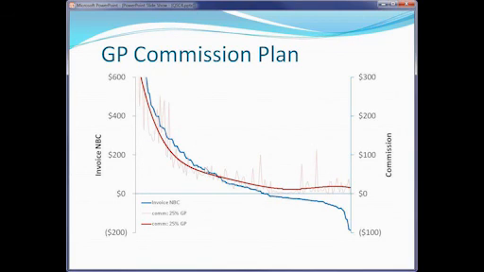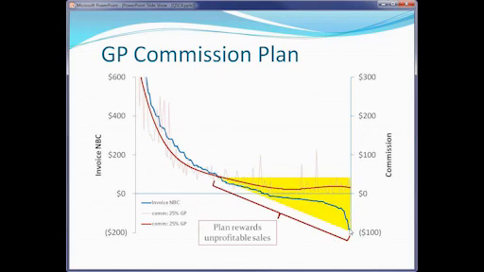This blue line, though, shows what the NBC on the sale is, how much money the company has left to split with the sales force. And as these commissions tend to come down, and we pay smaller amounts of commission on the sale, we wind up having the profit line continue right below underwater. So effectively what we have is an entire section of the plan where we reward the sales reps by paying them in cases where the company cannot possibly make money.